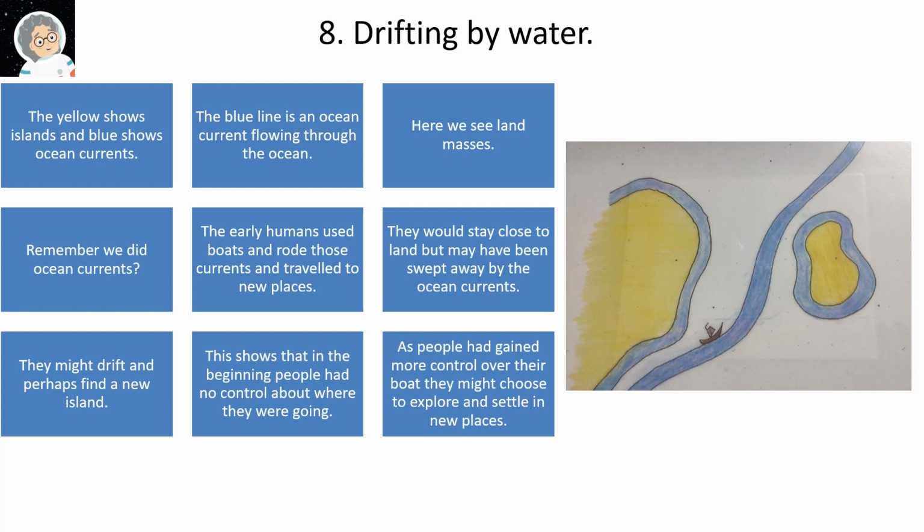They would stay close to the land, but may have been swept away by the ocean currents. They might drift and perhaps find a new island. This shows that in the beginning people had no control about where they were going. As people gained more control over their boat, they might choose to explore and settle in new places.